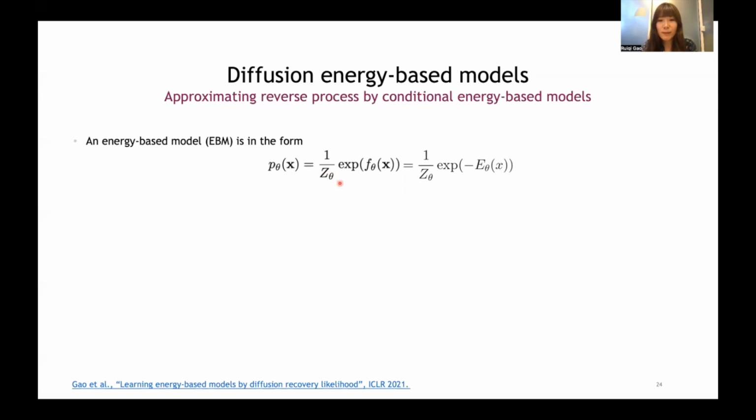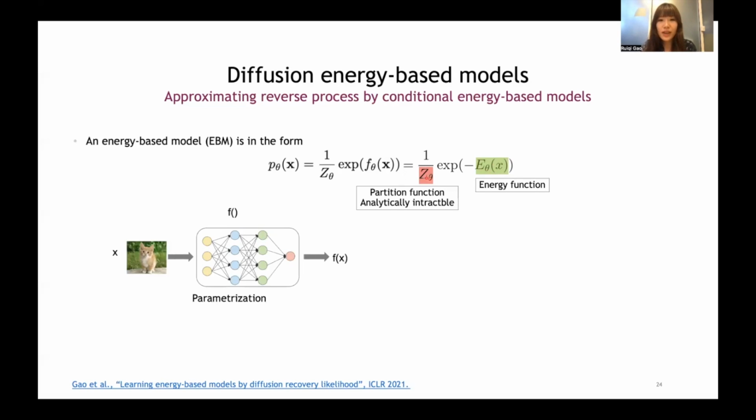It is solely dependent on the unnormalized log density function, f_theta(x), which we can further parameterize as minus E_theta(x). Usually people call E_theta(x) the energy function, and Z_theta is the partition function, which is usually analytically intractable. We can parameterize f_theta by a neural network, which takes the signal as input and outputs a scalar to represent the value of f.